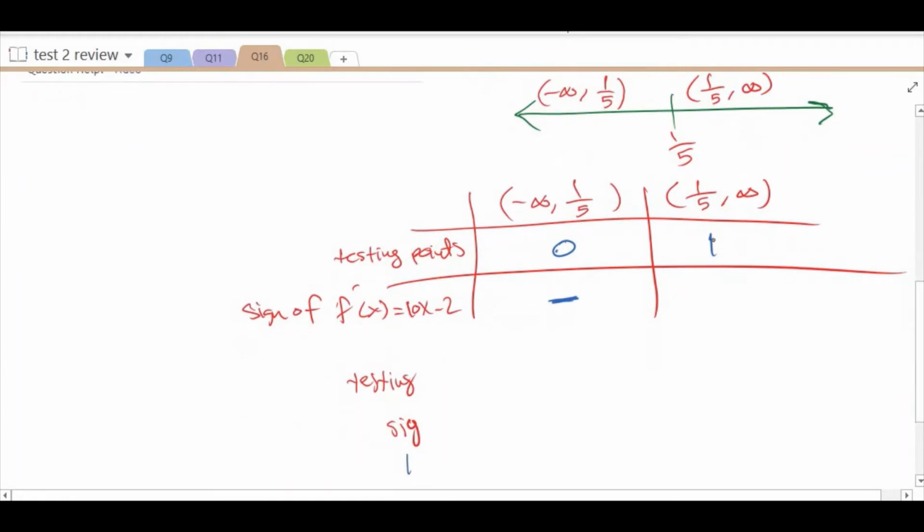And to figure out the second one, we're going to plug 1 into the first derivative. So I will have 10 times 1 is 10 minus 2 is 8. So the sign is positive in that case.